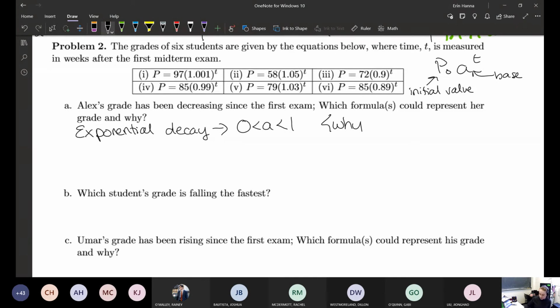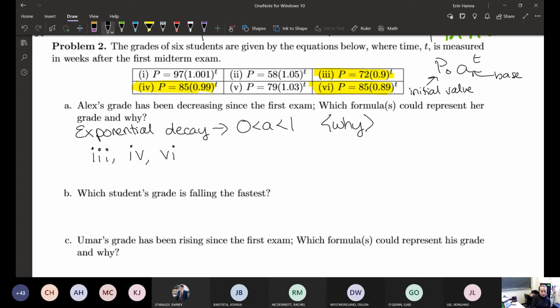We need exponential decay, so we need a to be between 0 and 1, which would mean that our options are either option 3, option 4, or option 6. So 3, 4, and 6 are the possible options for a grade that is decreasing over time, specifically because they represent exponential decay functions because their a value is less than 1.